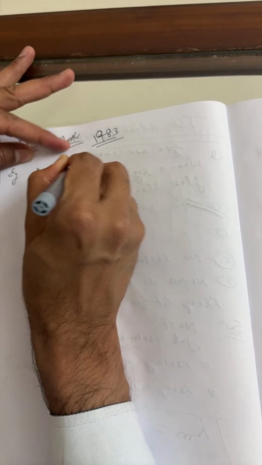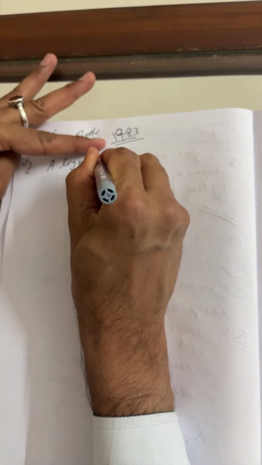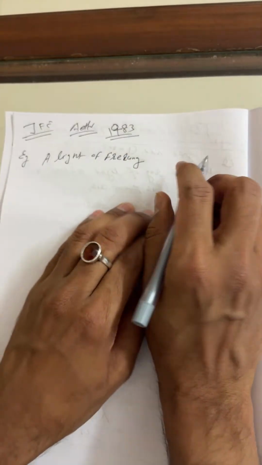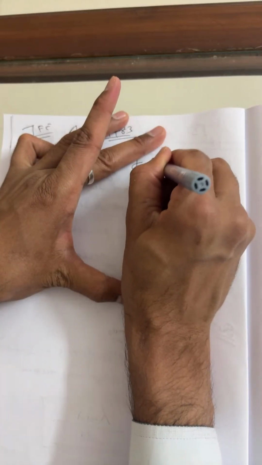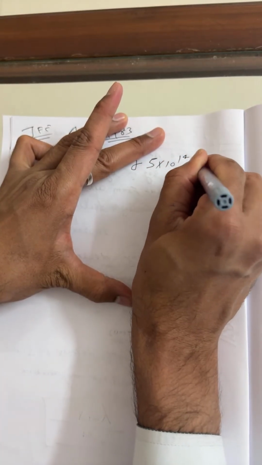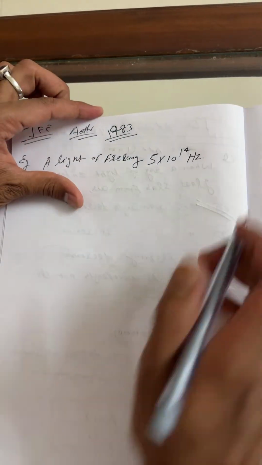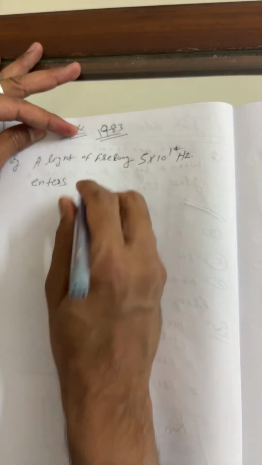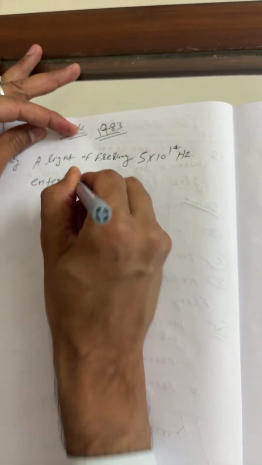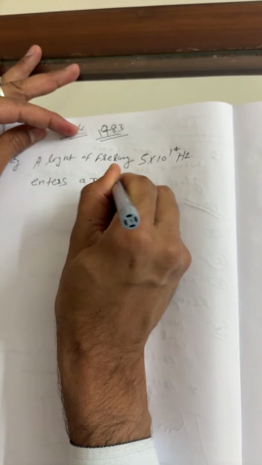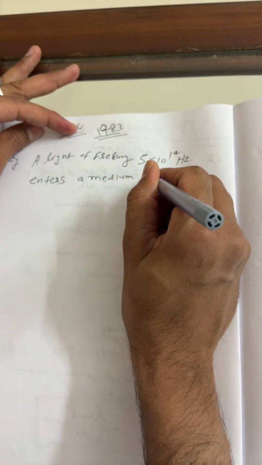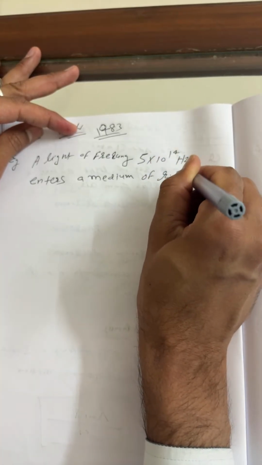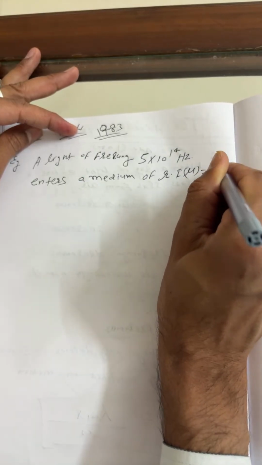A light of frequency 5 into 10 to the power 14 hertz enters a medium of refractive index mu, which is equal to 1.5.